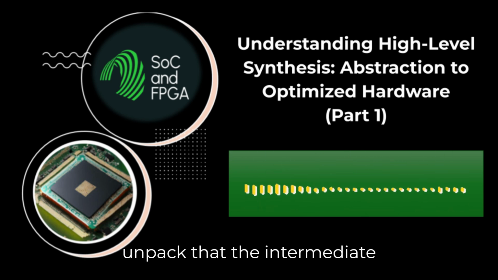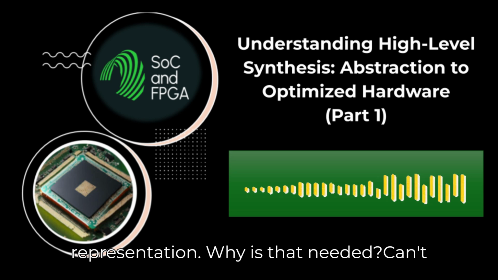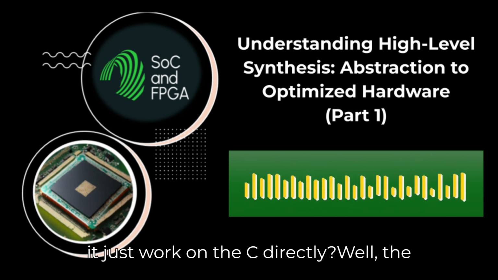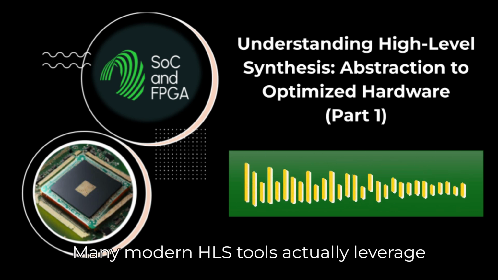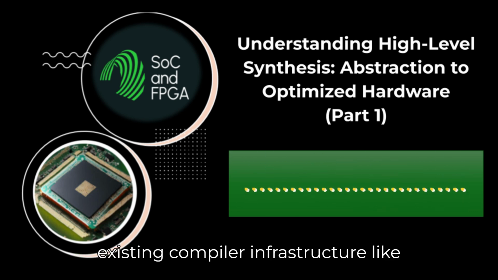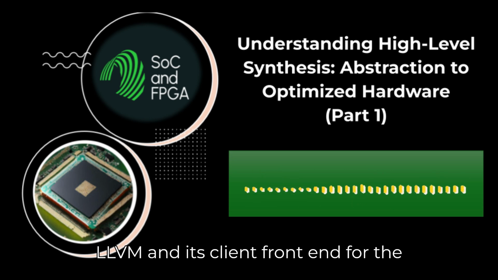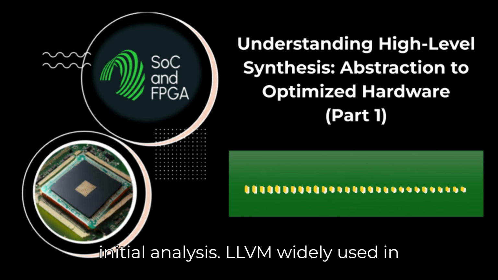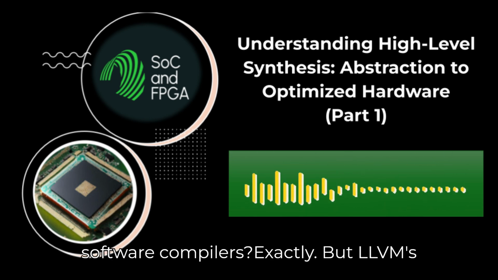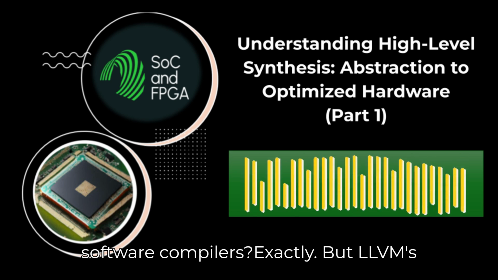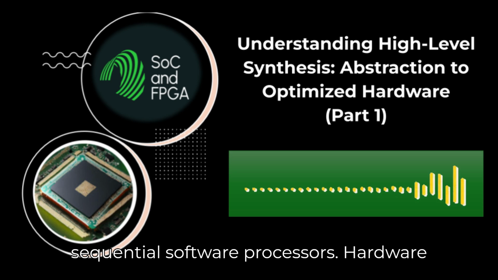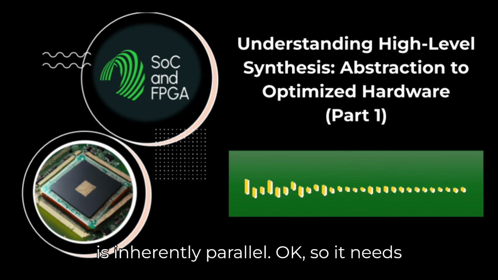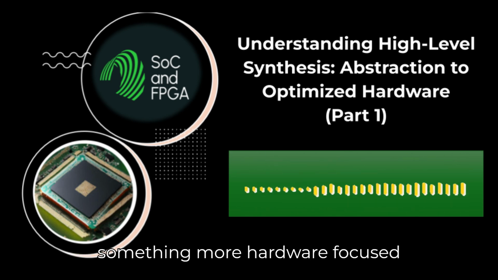Let's unpack that, the intermediate representation. Why is that needed? Can't it just work on the C++ directly? Well, the C++ code is first converted into an IR. Many modern HLS tools actually leverage existing compiler infrastructure like LLVM and its Clang front end for the initial analysis. LLVM, widely used in software compilers. Exactly. But LLVM's own IR is designed primarily for sequential software processors. Hardware is inherently parallel. Okay. So it needs something more hardware-focused.